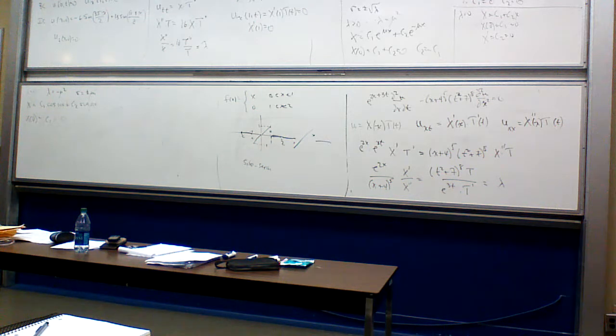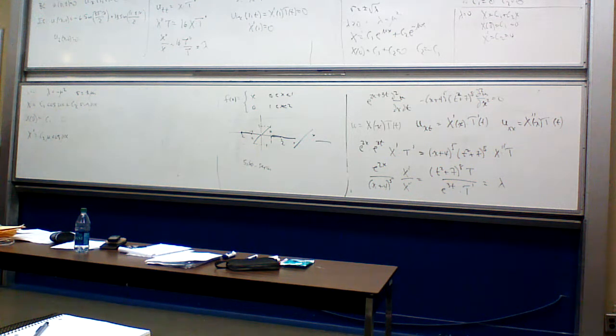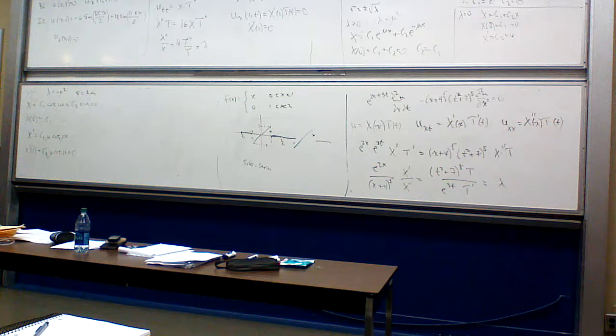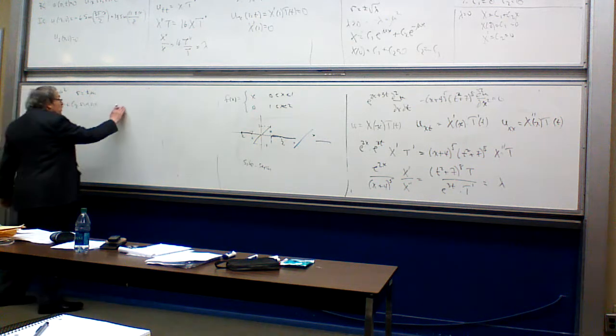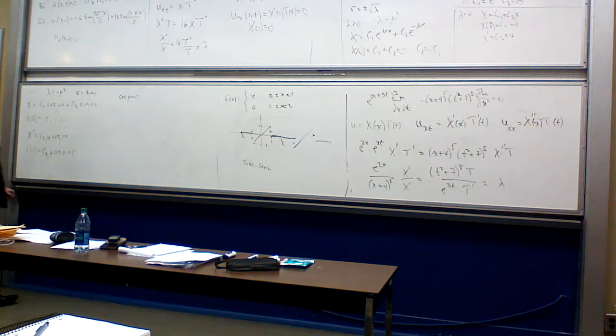So that's gone. X prime, C1 is gone, so it's C2 mu cosine of mu x. X prime at 1 is C2 mu cosine of mu is 0. I want C2 not to be 0, mu can't be 0, and therefore cosine of mu equals 0 for a non-zero solution.